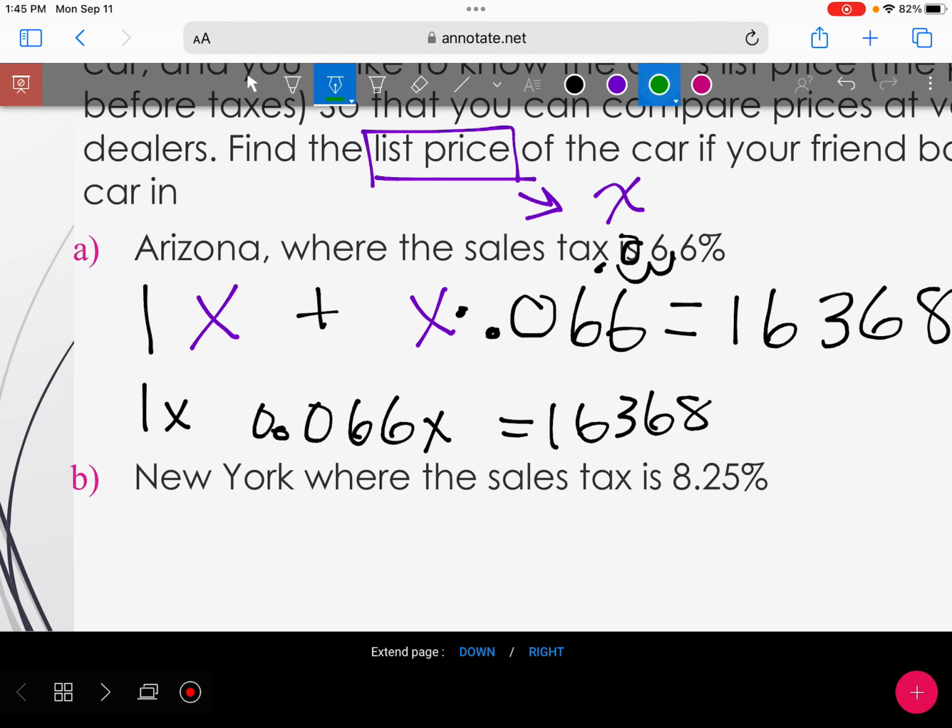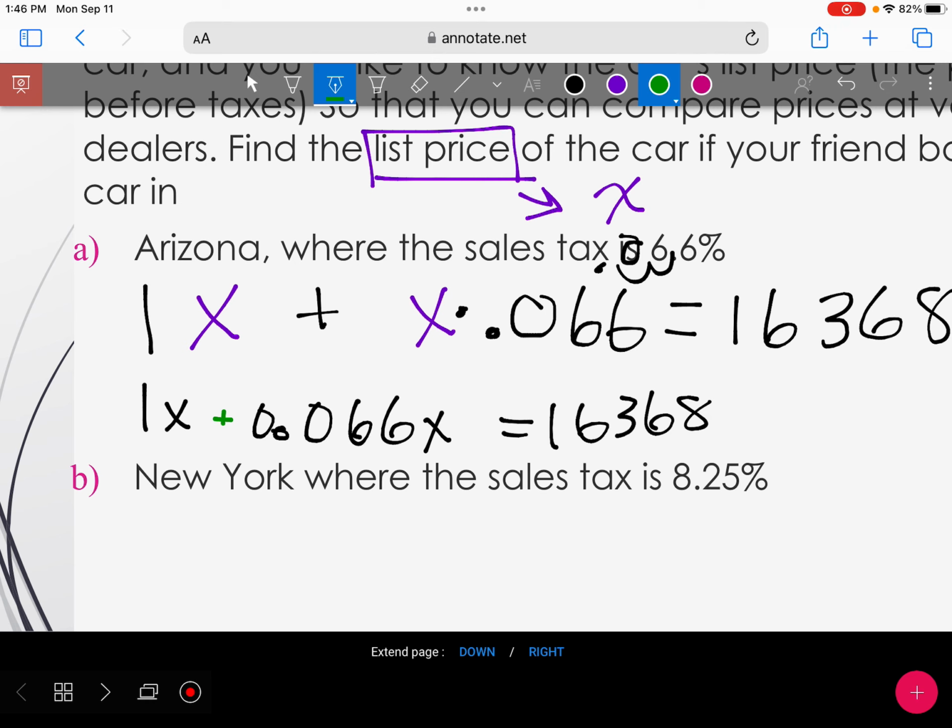If I have 1x plus 0.066x. What if it was 1x plus 1x? 2x. What if it was 1x plus 0.5x? What if it's 1x plus 0.05x? 1.05, right?